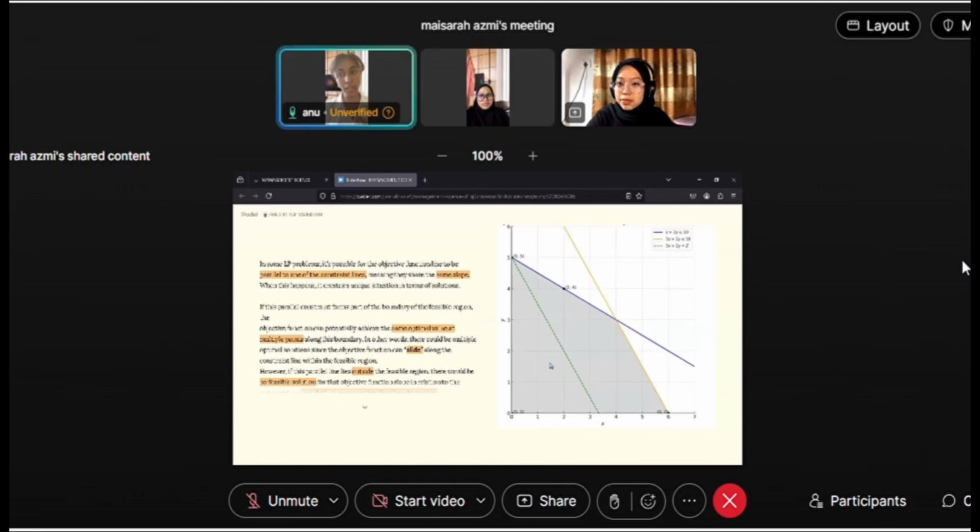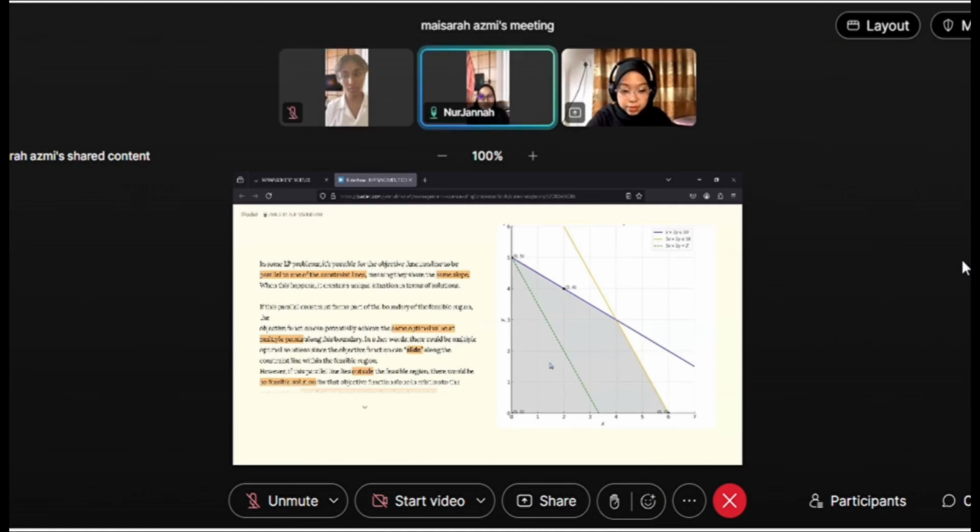So what is unique about these constraints? If we rearrange constraints 1 and 2 to solve for y in terms of x, for x plus 2y less than or equal to 10 we get y less than or equal to negative 1/2 x plus 5. For 3x plus 2y less than or equal to 18, we get y less than or equal to negative 3/2 x plus 9.